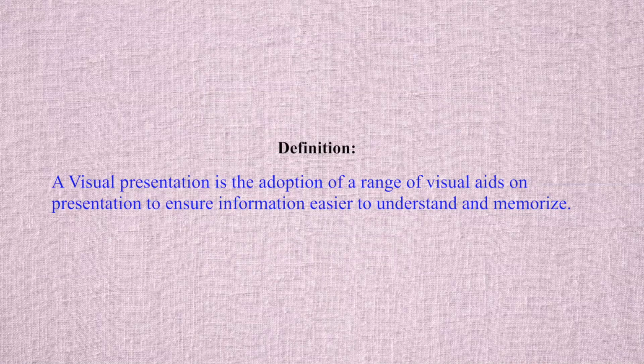A visual presentation is the adoption of a range of visual aids in presentation to make information easier to understand and memorize. I think we have got some ideas on visual presentation.